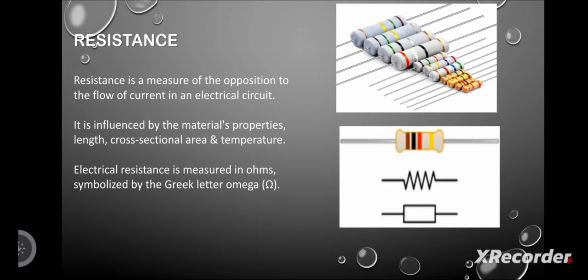So you must understand that whenever a resistance is in the electrical circuit, it only opposes the flow of current in a circuit, and the current flows due to the potential difference or a voltage.